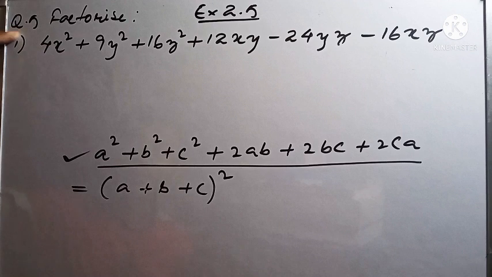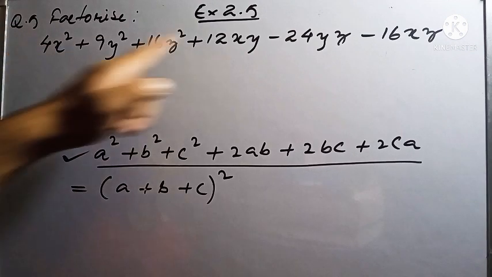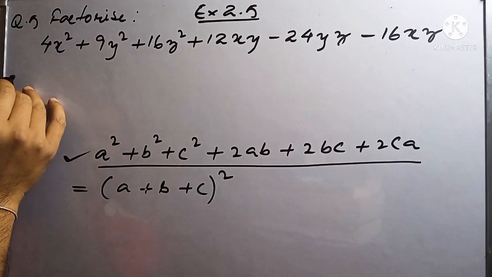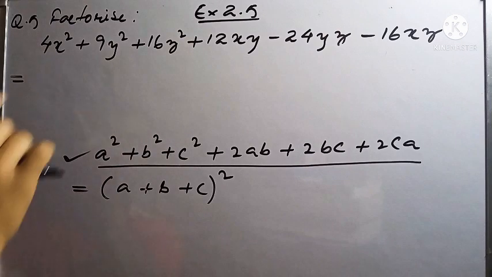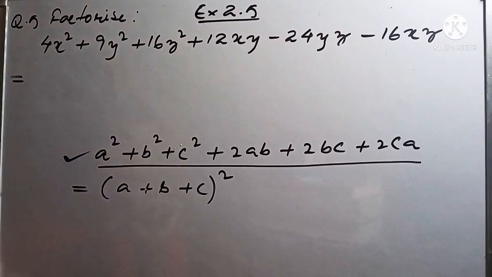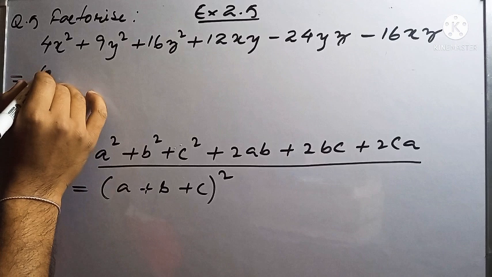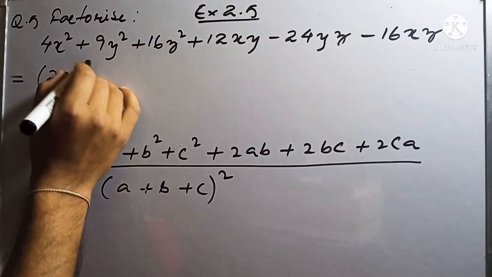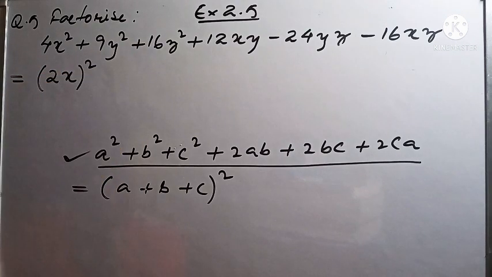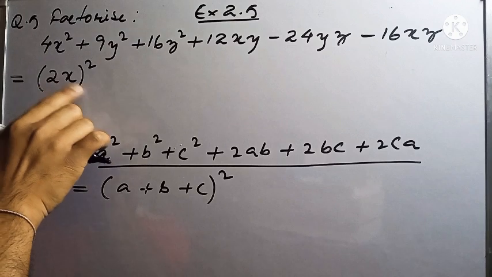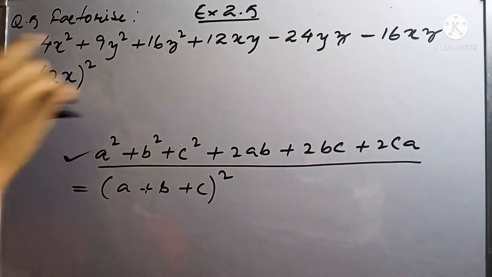Let me start the solution from here. This is the first step of my solution. In the second step, in place of this 4x square, can you write it this way? Twice x whole square. Forget about sign. Twice x whole square means you'll get 4x square.